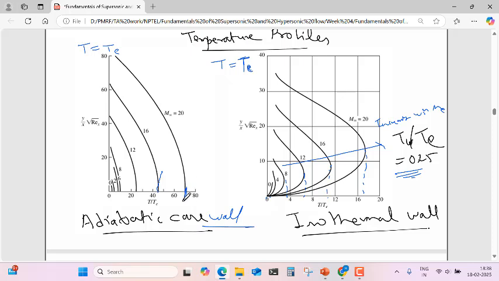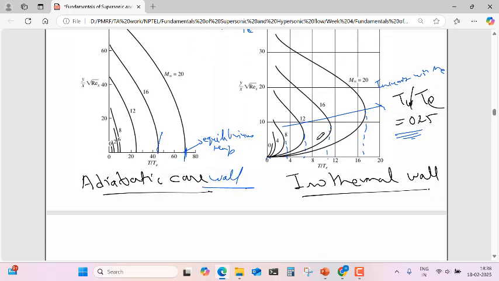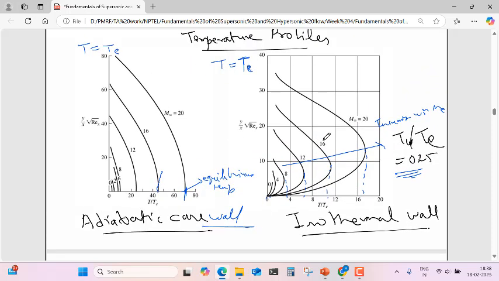This temperature is also called the equilibrium temperature. And the more we increase the Mach number, the more will be the viscous dissipation inside the boundary layer, and the more will be the maximum temperature, the peak temperature.